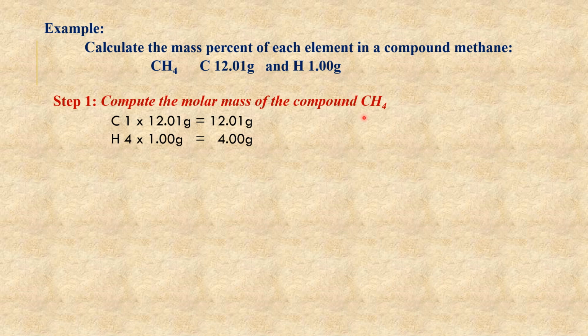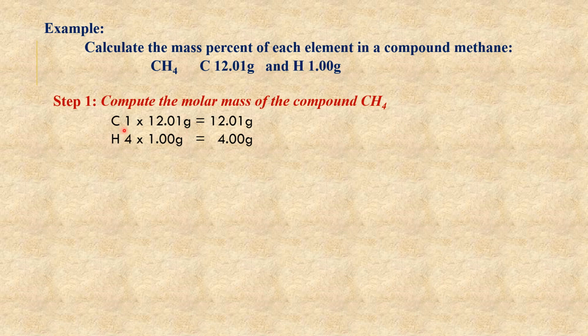How many carbons do we have in methane? We have 1. And the hydrogen, we have 4. We multiply each by their respective atomic mass. Remember, the atomic mass of an element can be found in the periodic table.